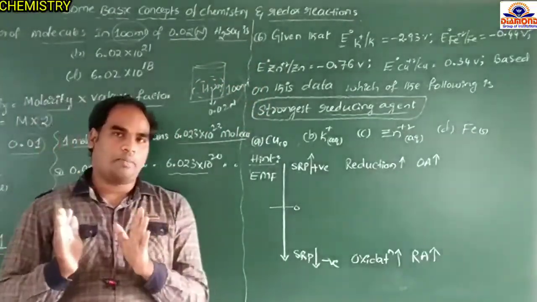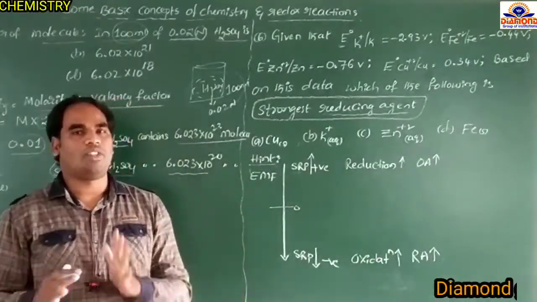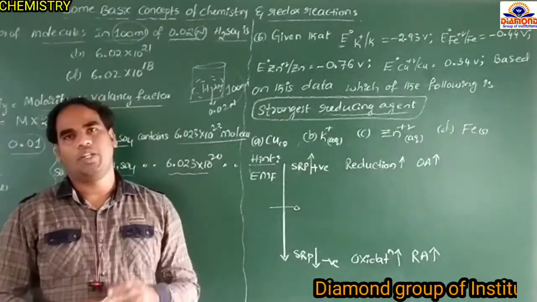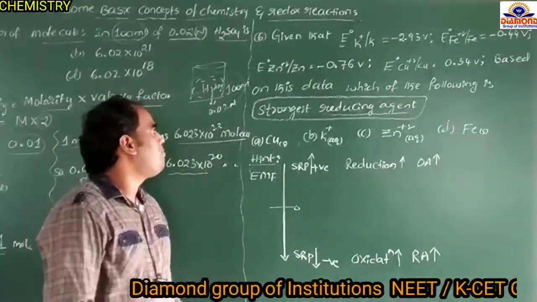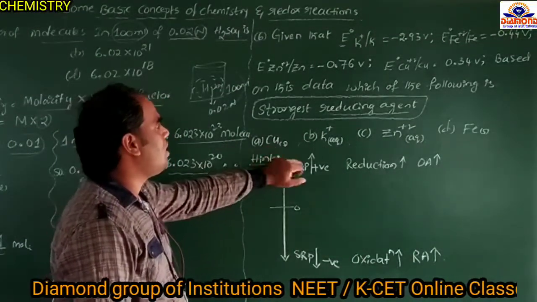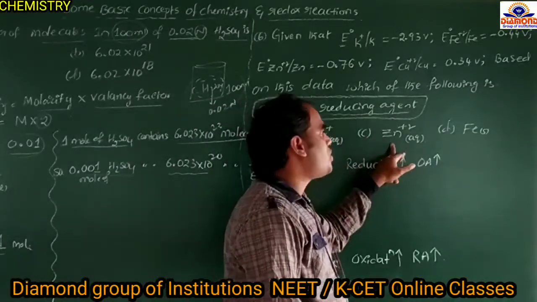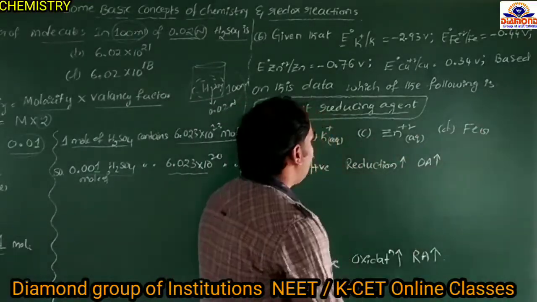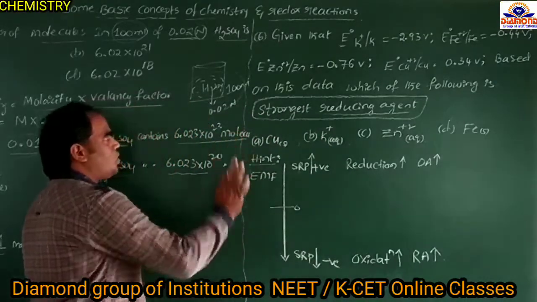There is a connection between standard reduction potential values and reducing agent, and between standard reduction potential values and oxidizing agent. Option A, copper; K plus; Zn plus 2; iron. This is the hint for this question, student.